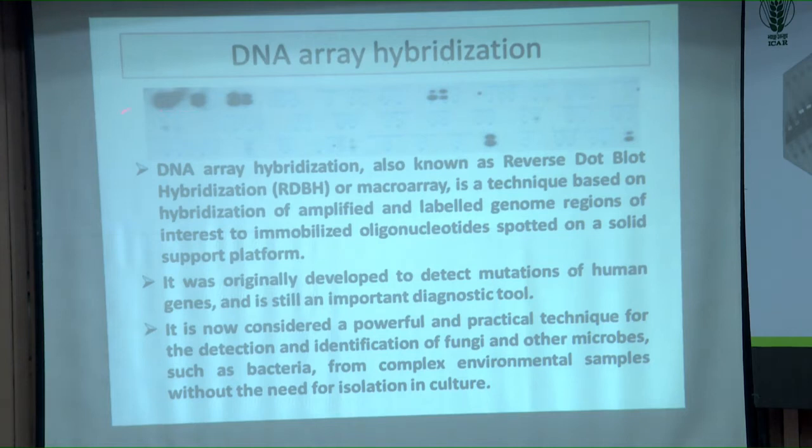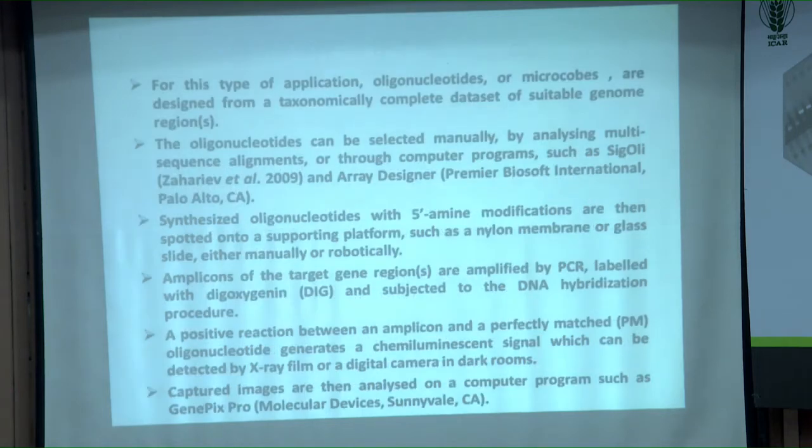If that particular pathogen is present, you will get a particular coloration or blot type, so you can visualize this and say yes, this particular pathogen is present there. So, this is another technique.